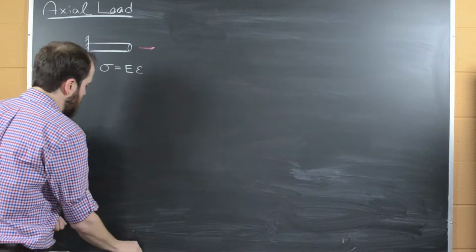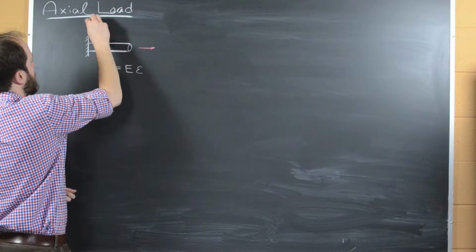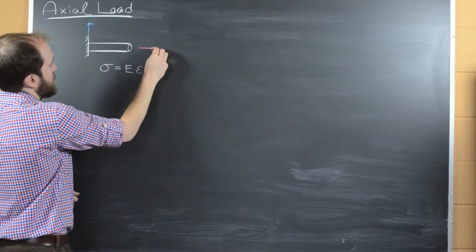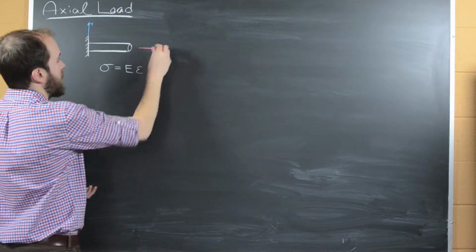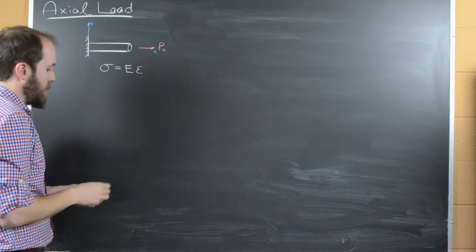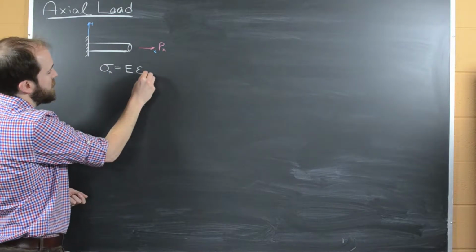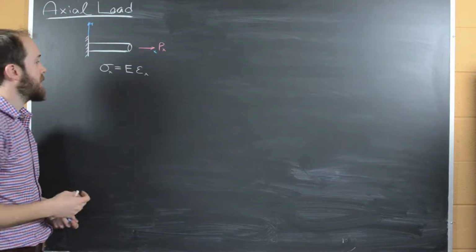And if we want to give this directions, we can say, well, this is the y direction, this will be the x direction. We're applying a force P in that x direction. And so this Hooke's law will become sigma x equals E times epsilon x.